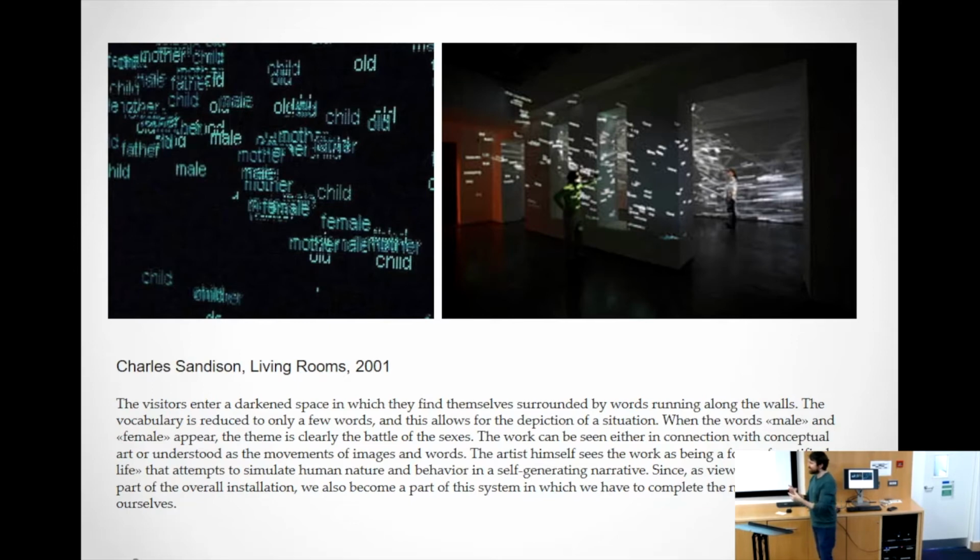As those played out in the room, the child, after a period of about half a minute, would become man, woman, or male, female, and then take off on their own trajectory. At certain points the male, female words would change to old, and would move much slower, and then finally would stop and read dead, and then disappear from the environment.